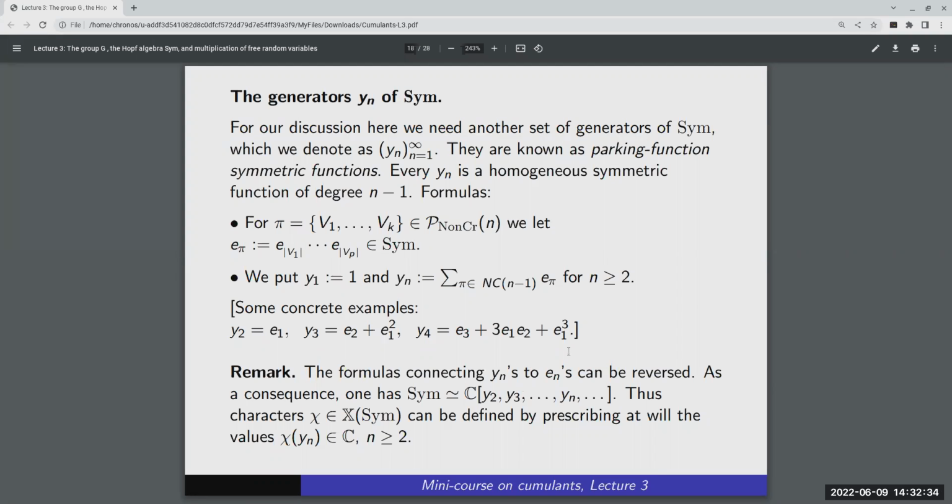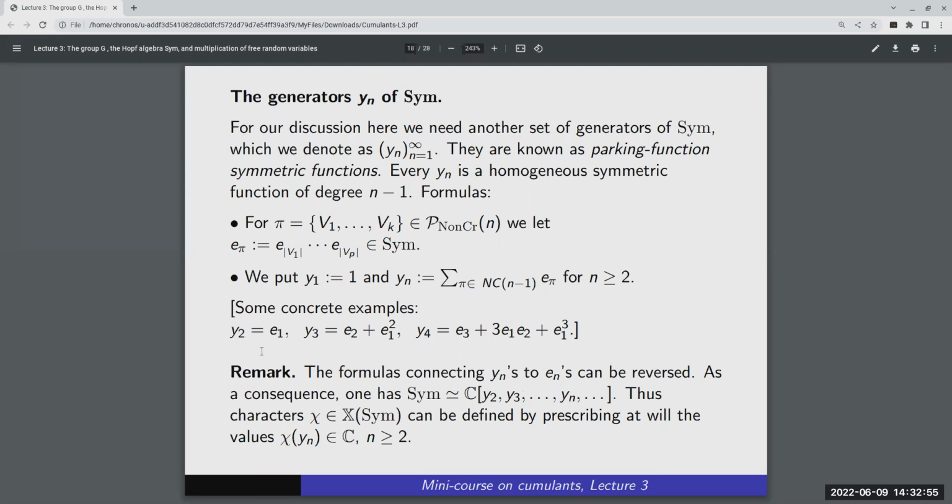So there's a nice formula which writes these y's in terms of elementary symmetric functions by using summations over non-crossing partitions. One thing to observe is that if you start the y's with y2, every yn starts with a term which is e sub n-1.